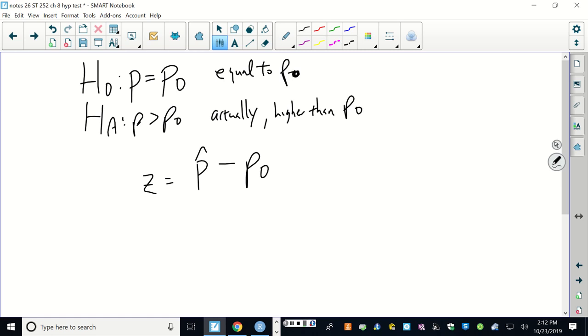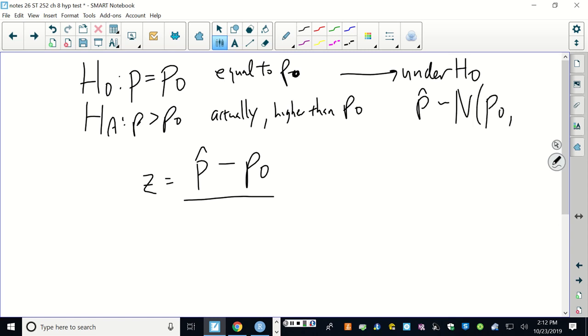But under the null hypothesis, p hat is going to be approximately normally distributed around its p sub 0, as long as n is not too small. And what's its variance? In general, we had p(1 minus p) over n as the variance from a binomial formula.